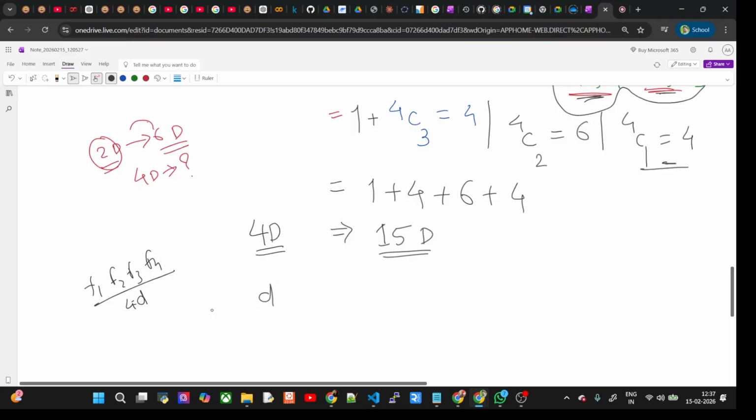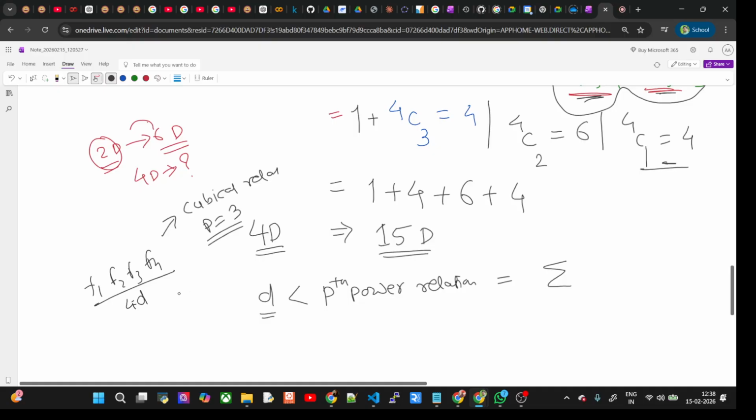But in general, if I have D features and I want to project with a cubical relationship, cubical relationship means I need power of 3, correct? So if I have D features and I want to project on the power function, like a pth power relationship, then how many we need comes as a summation.